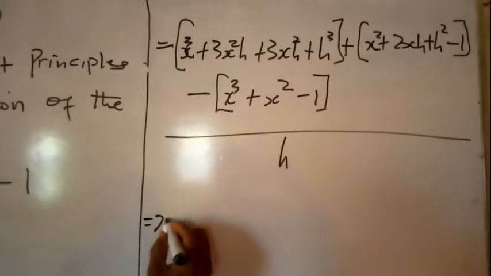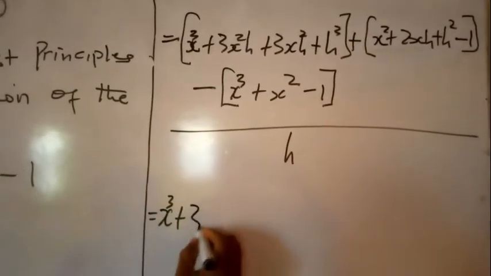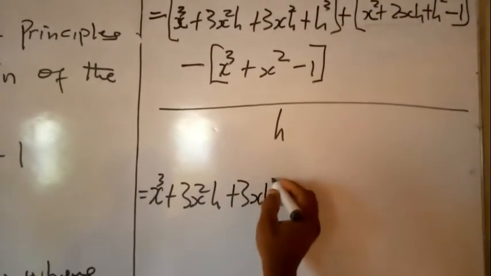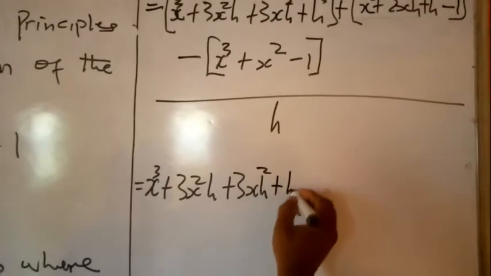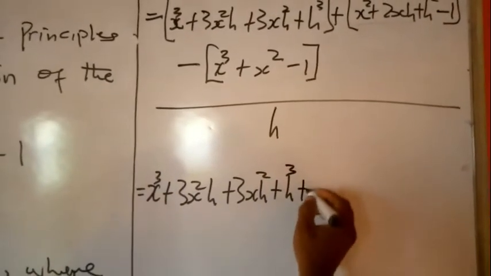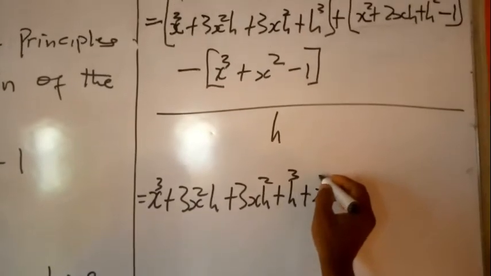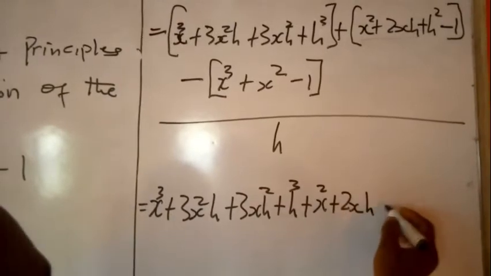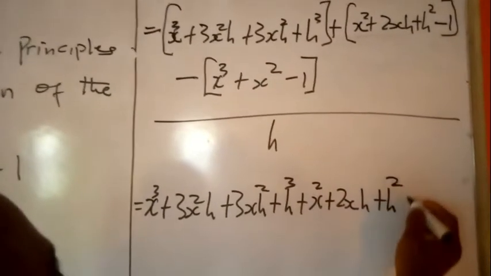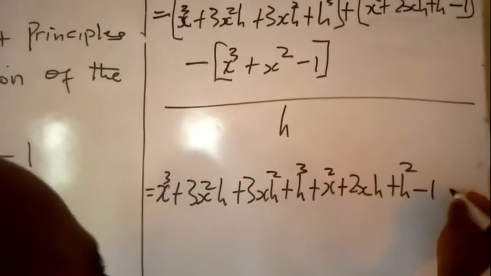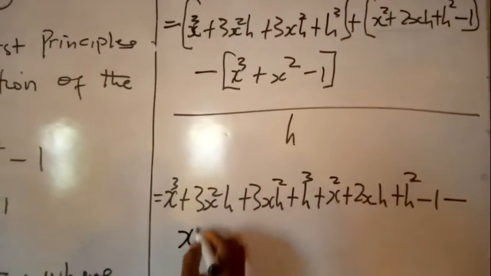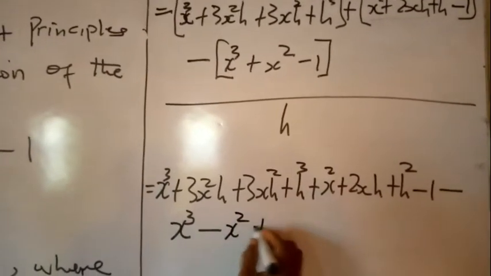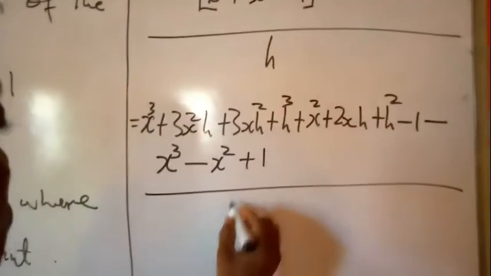We now have x raised to power 3 plus 3x squared h plus 3xh squared plus h raised to power 3 plus x squared plus 2xh plus h squared minus 1 minus x raised to power 3 minus x raised to power 2 plus 1 all over h.